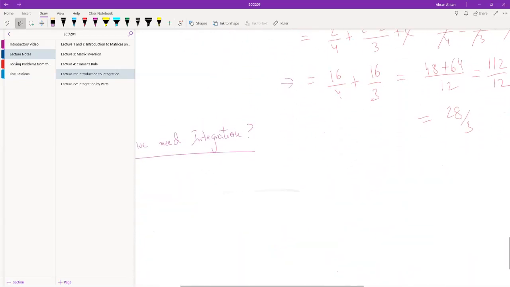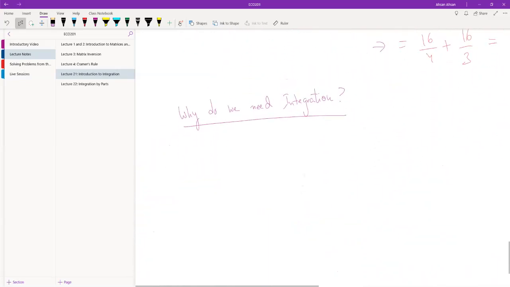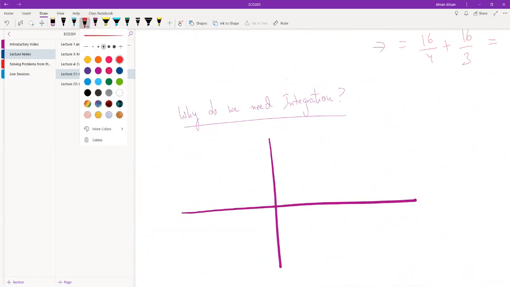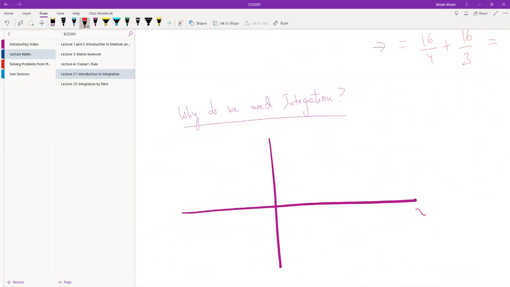And so what it does, it's very interesting. So suppose, let me draw a diagram. So we have this right here. So as always, we have x here. We have y here.